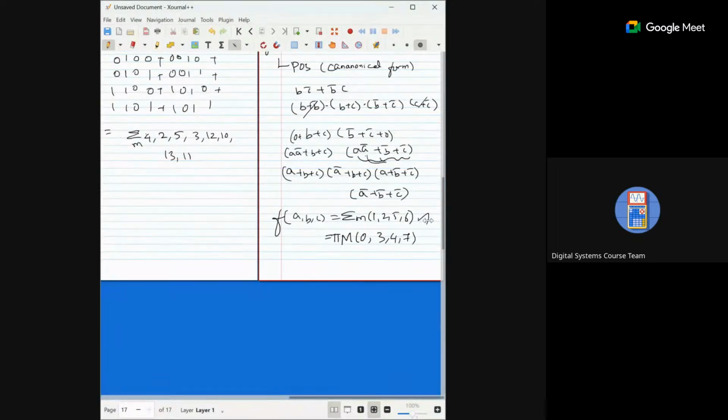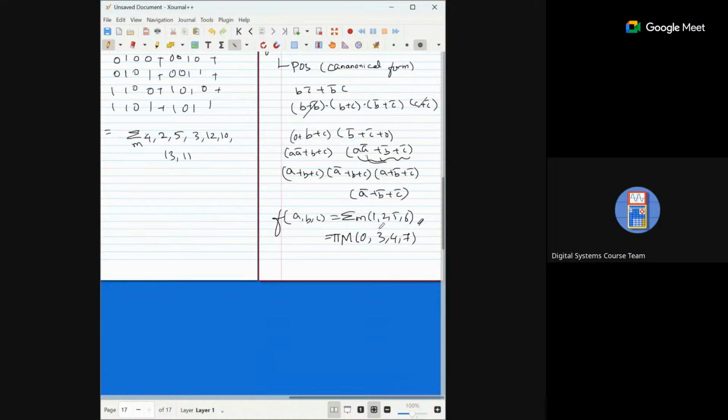That's why I'm doing it. But if from the beginning you keep working with the POS format, people will understand that POS is a very simplified method compared to SOP. But mostly we deal with most problems, even in the outside world, with the SOP format. Maximum we just run with the SOP format. That's why this way is quite easy to find the canonical form of a Boolean expression in SOP format.